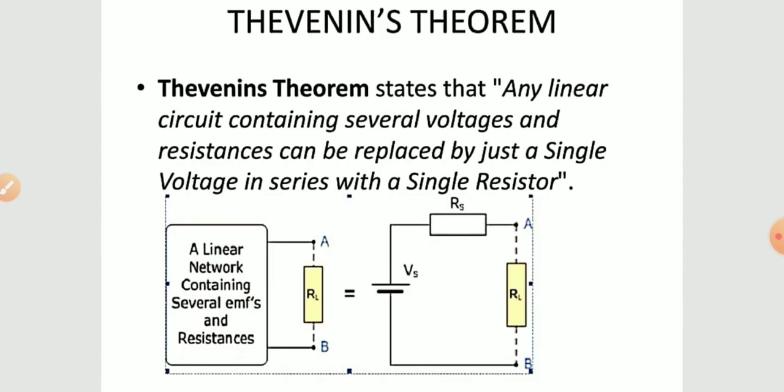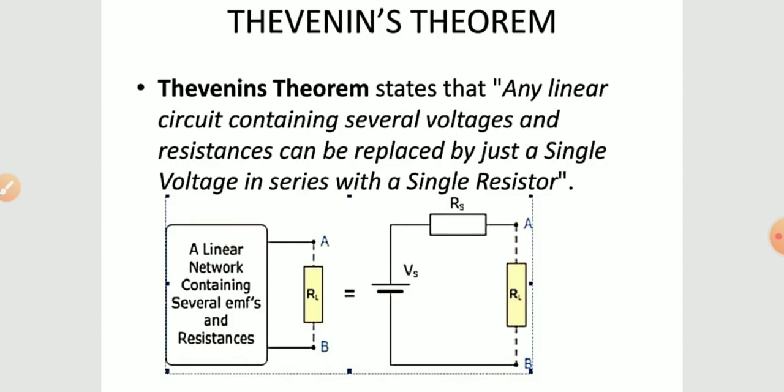At that time it is better if we reduce that circuit into a simple one, so that a basic law, Ohm's law, can be applied to get whatever they have asked, either current or voltage. So here we are going to learn a new technique called Thevenin's theorem.